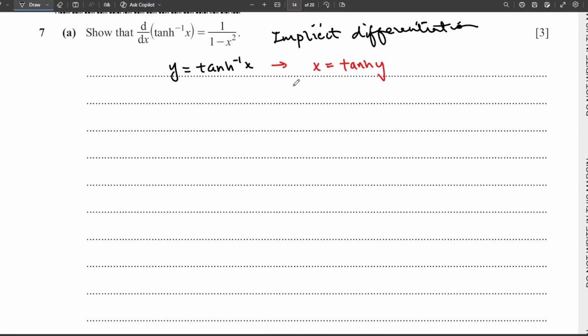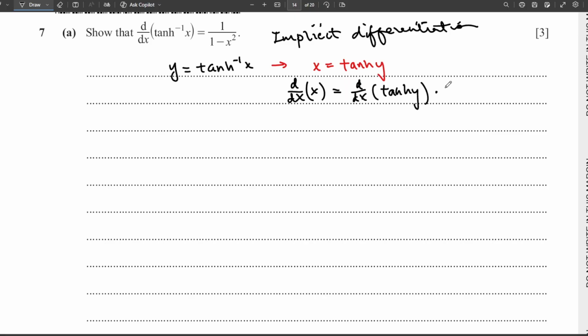If we take the derivative d/dx of x, on the right hand side I also have to take the derivative d/dx of hyperbolic tangent of y. But because the variable of this hyperbolic tangent is y and our operator is in terms of x, we need to use the chain rule.